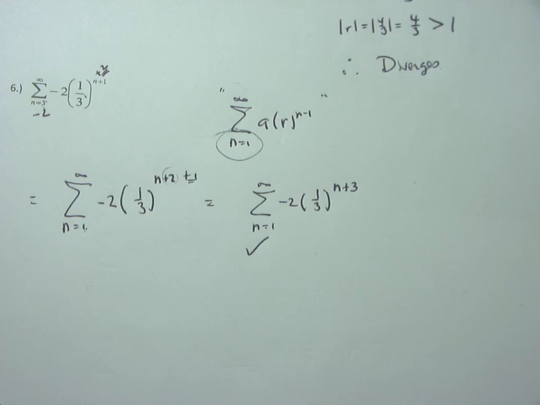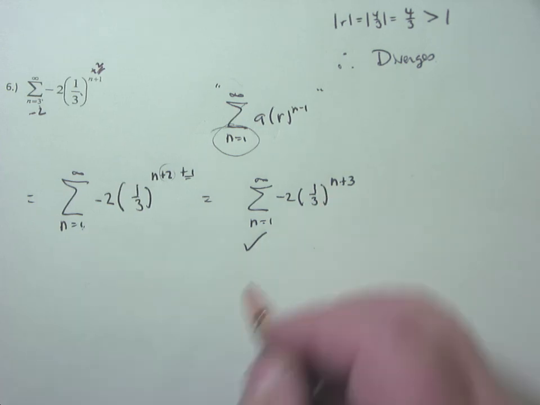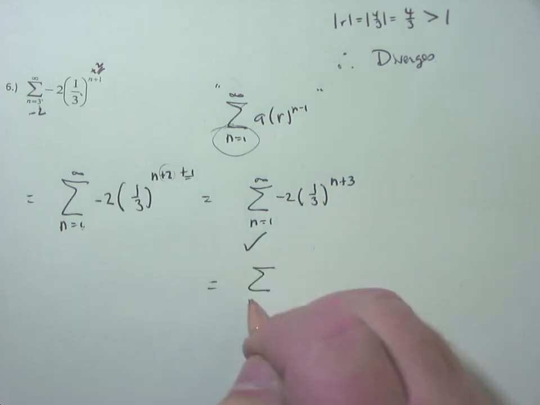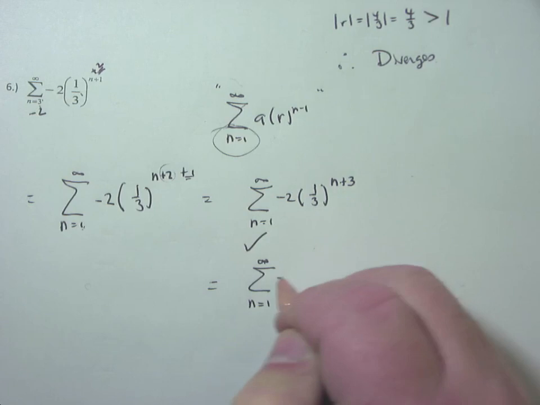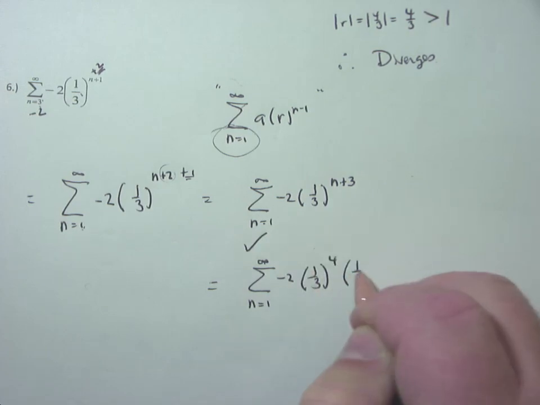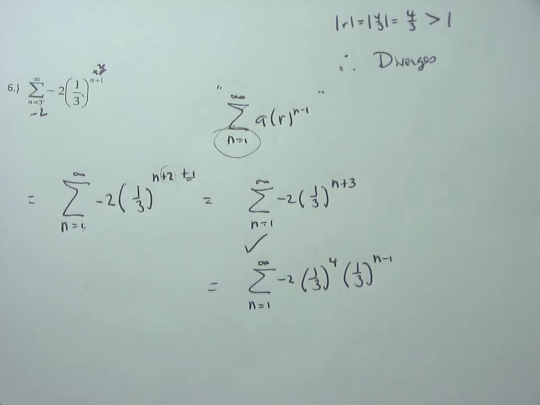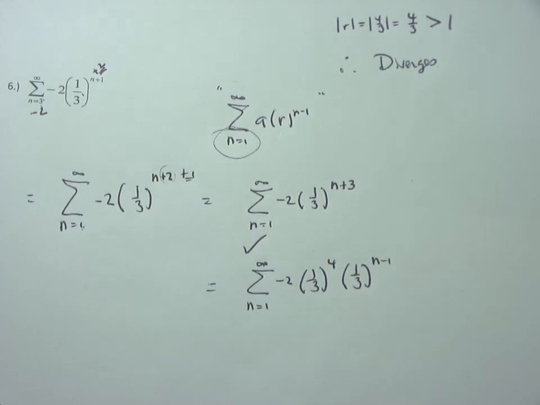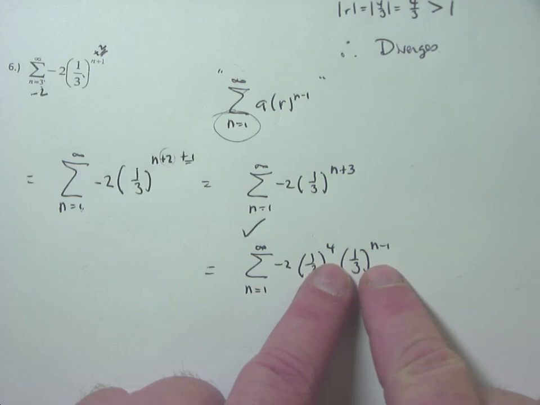I want an n minus 1. How many do I need to pull off? 4. So I'm going to pull off 4 of these 1/3. So this will be the sum as n goes from 1 to infinity of negative 2 times 1/3 to the 4th, and that makes it 1/3 to the n minus 1. And you can always double check yourself, because when you multiply like bases, you add exponents.